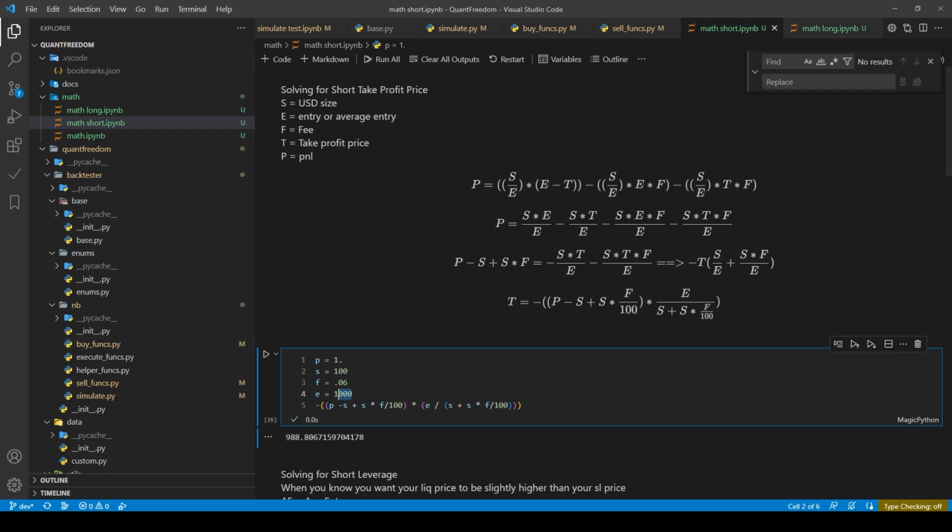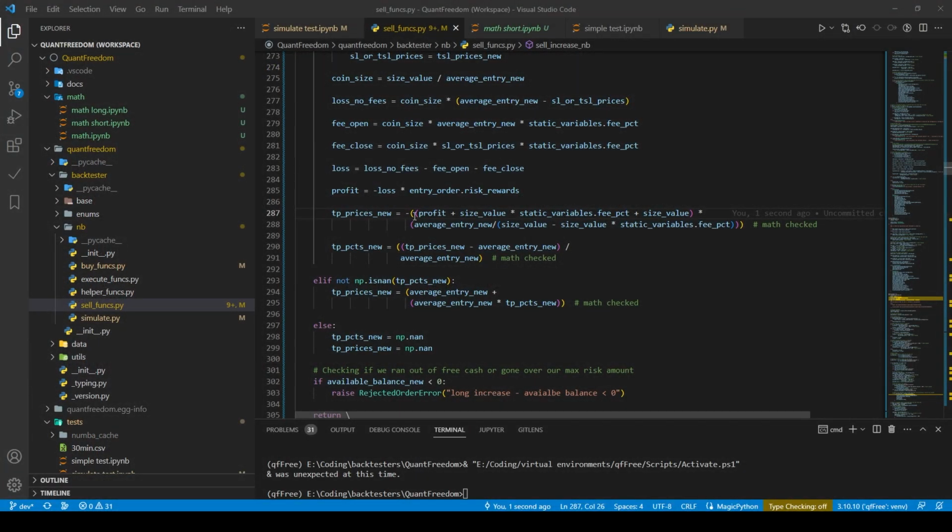So that makes sense. And so that means over here we have to do profit minus size value. Wait, what?